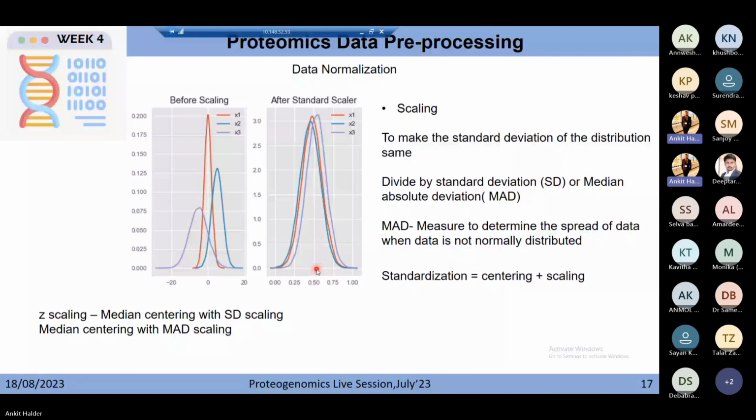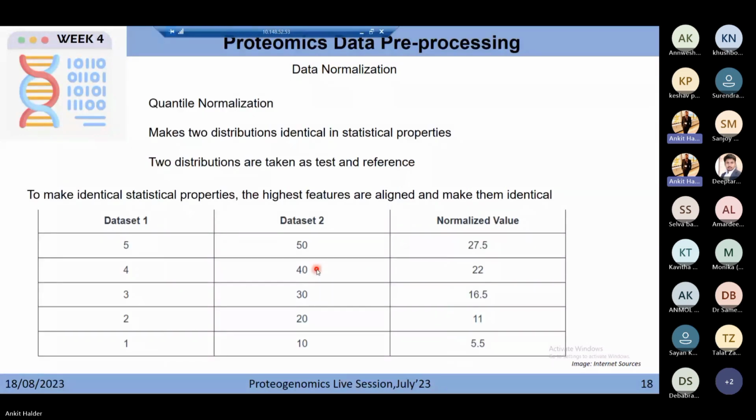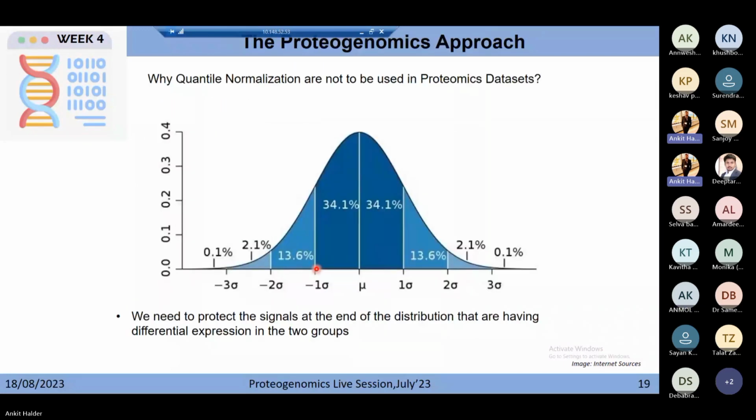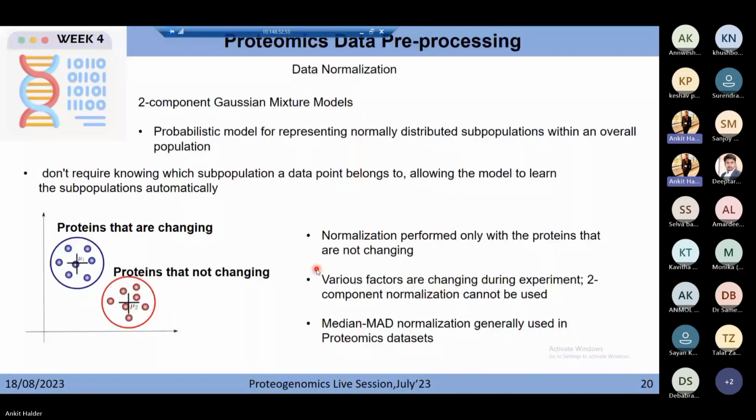It is not affecting the data as quantile normalization does, which makes your test data set also your reference data set, leading to a loss of the signal, a kind of destructive normalization. Also, as I told, in the two component normalization, not all the changes are biological; technical variances are also there. So that's why median MAD normalization is mostly used, with no such stringency on your data, and it also helps you correct the technical variations and the bias.